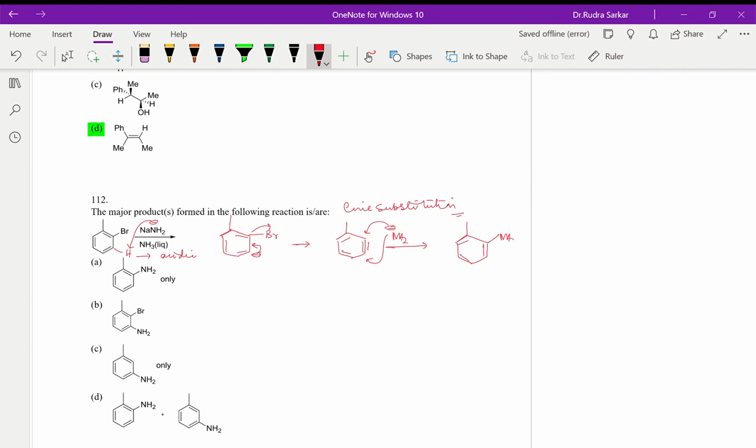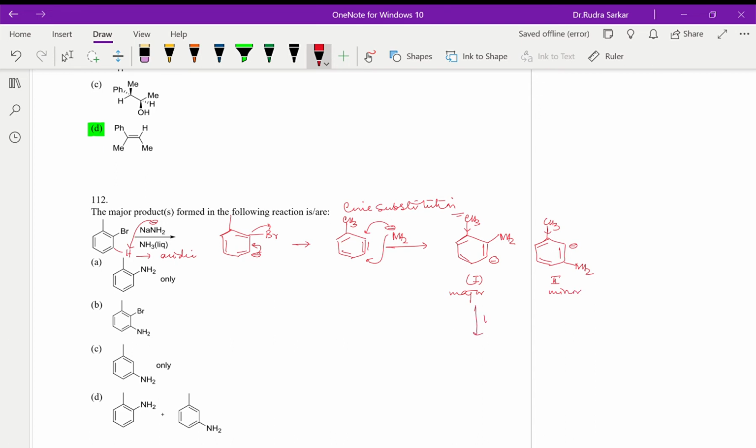Now we have to think about the stability of the product, that is, the anion formed over here. Carbanions are destabilized by +I groups. We can see that we have a CH3 over here, showing a +I effect. So this will destabilize the second one more compared to the first. So 1 is major and this is minor.